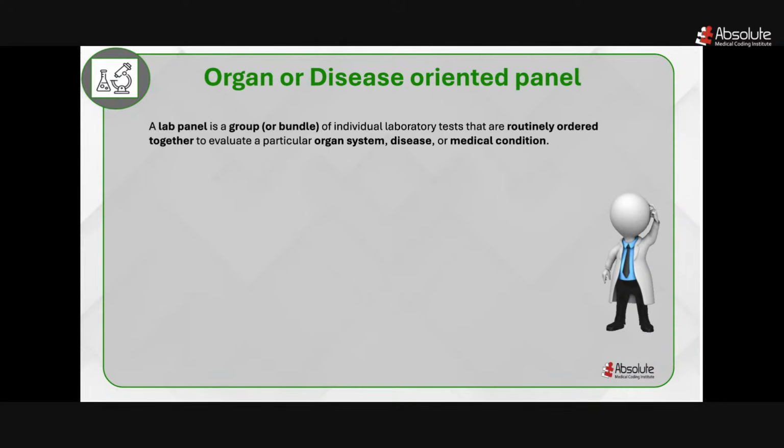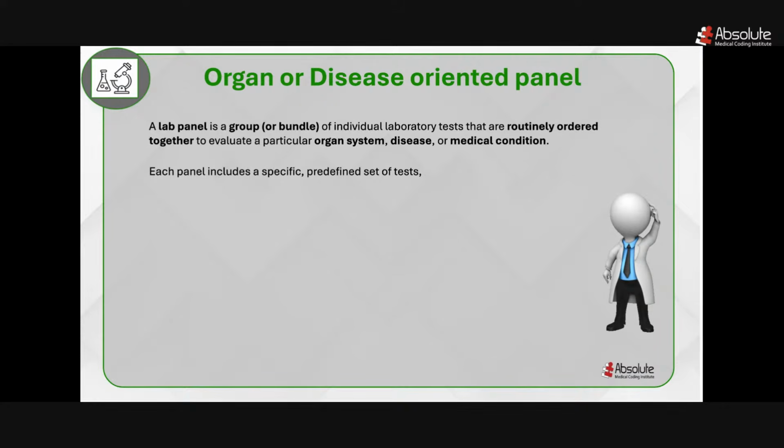Each panel comes with a predefined set of tests, which makes life easier for healthcare providers. So why do we use a panel? We use them because they give a big picture of the patient's health without ordering each test one by one. That means faster diagnosis, smarter treatment planning, and better care.